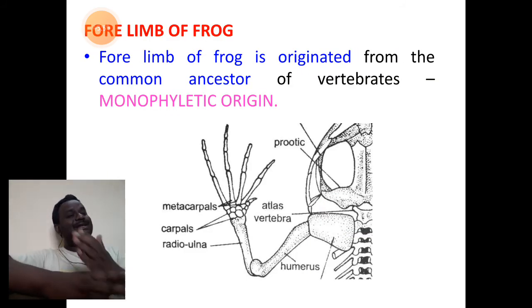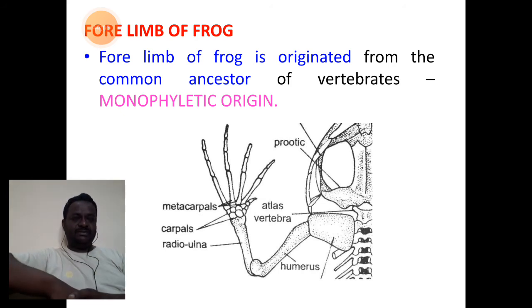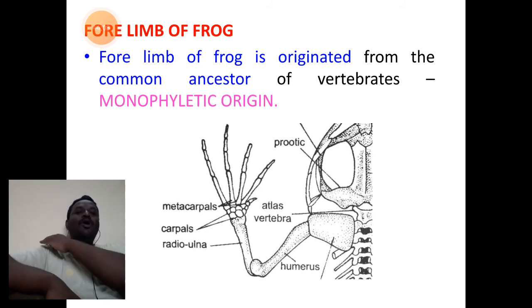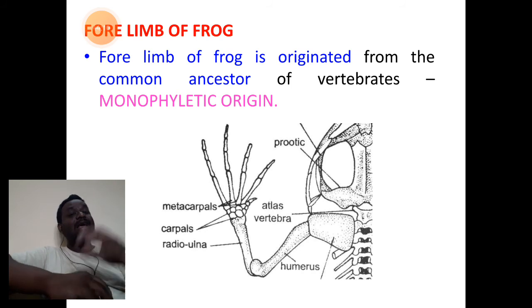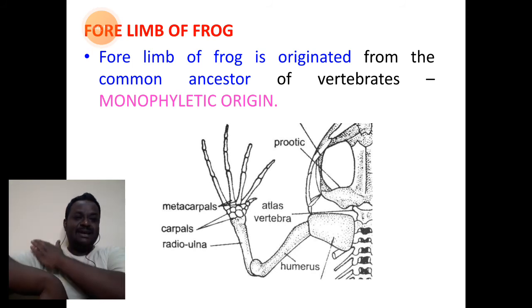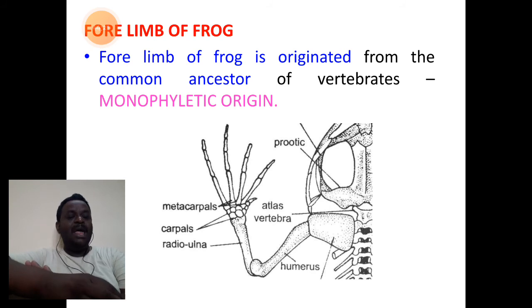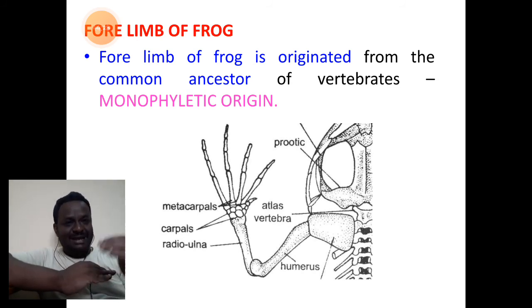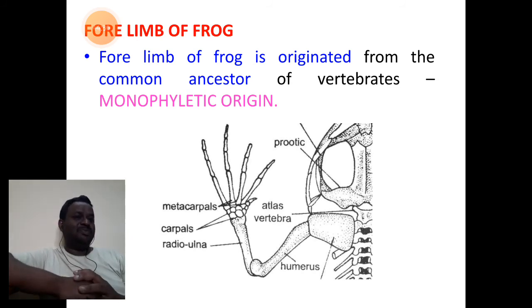Coming on to the terrestrial organisms, the tetrapods. Here, the first organism, of the class Amphibia, is the frog. The forelimb of the frog originates from the common ancestor, hence we call it monophyletic origin. It shows a single humerus in the upper arm, 2 bones of radio-ulnar, but these 2 bones are fused. Then come the wrist bones, the palm bones, and the phalangeal bones.